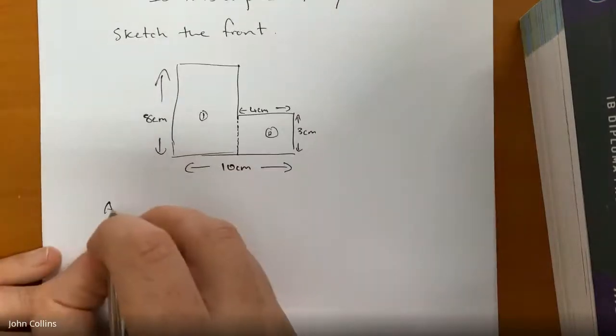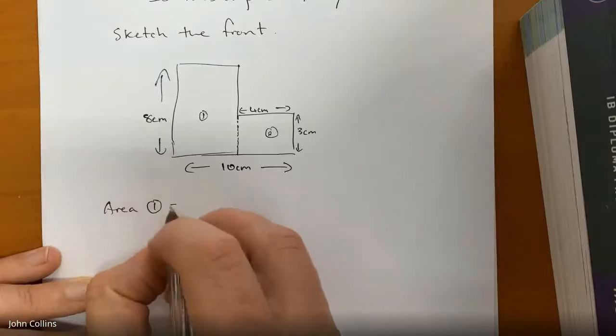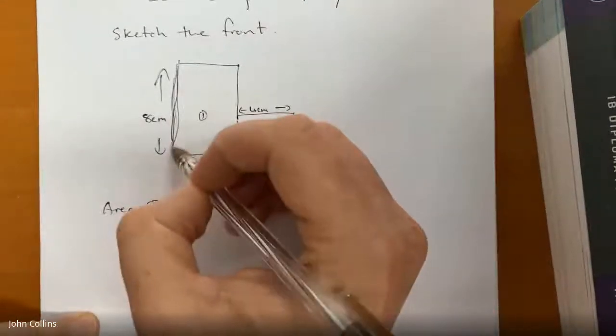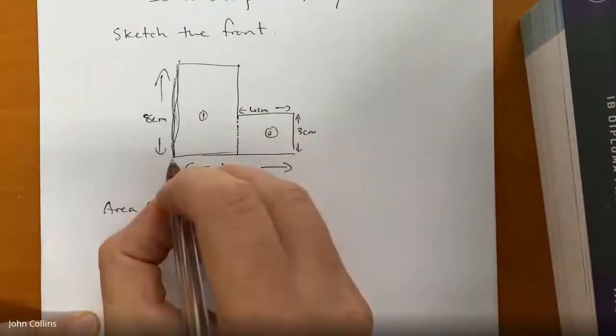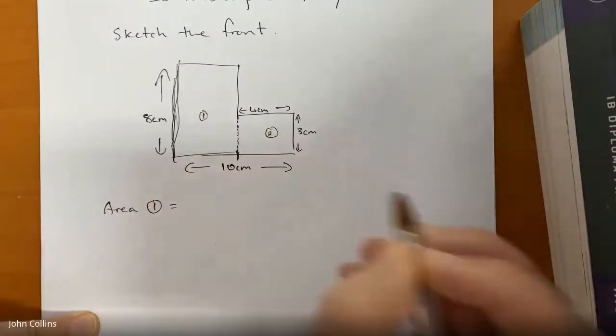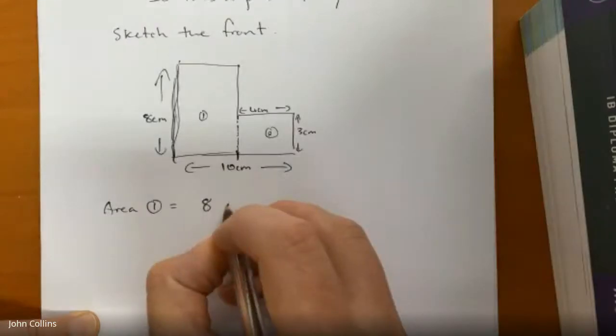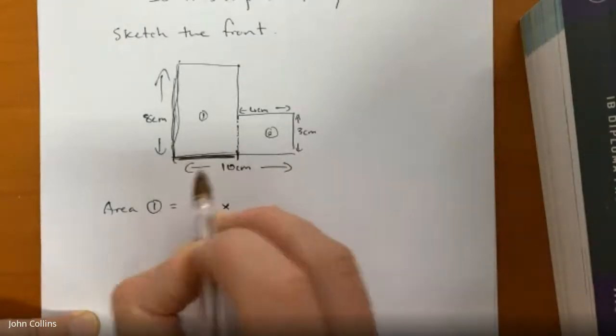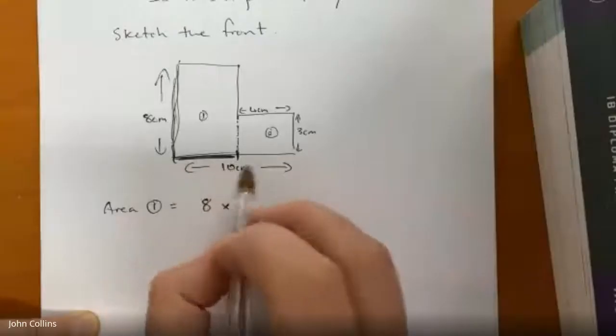So area of number 1. Well, I know its height is 8, or one dimension of it is 8. I need to find this length then. So it's going to be 8 times something. Now what's this length going to be? Does anyone know? Perhaps type in the chat. 6. You think it's 6? I think you're right.